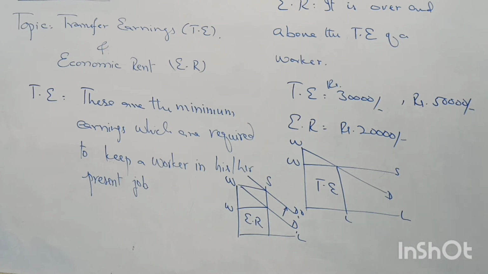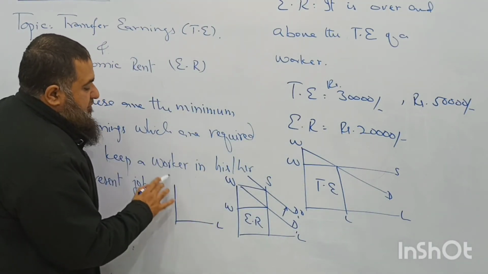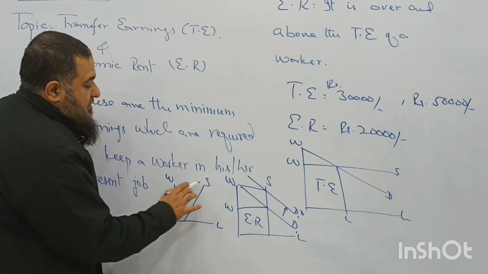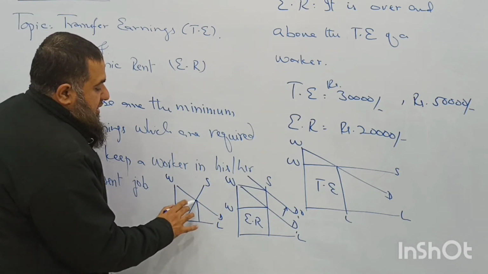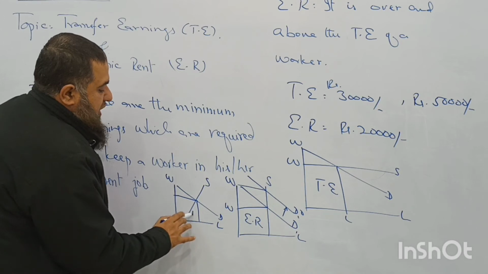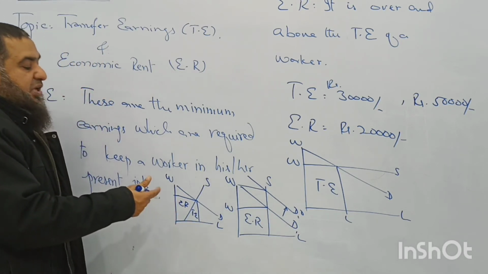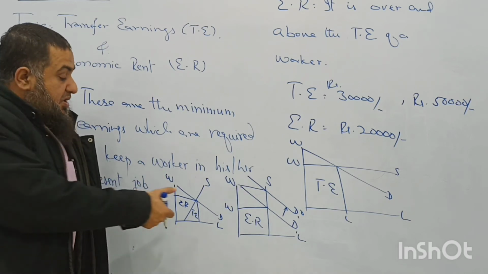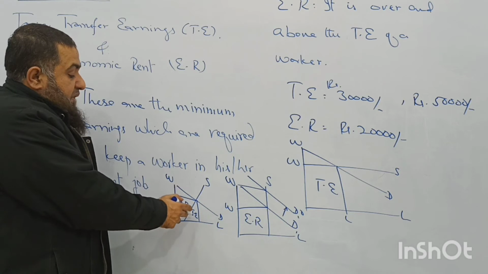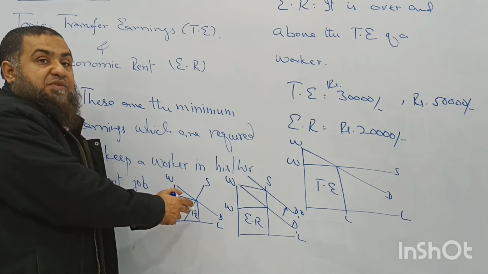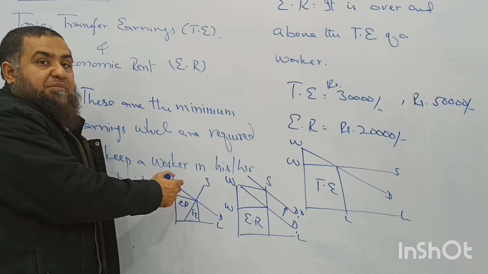Clear? So when we have an upward sloping labor supply curve, you can see workers can earn both transfer earnings and economic rent. As it is becoming steeper and steeper, or anti-clockwise, as this supply curve is rotating, the area below the supply curve will vanish and the worker will have more economic rent.